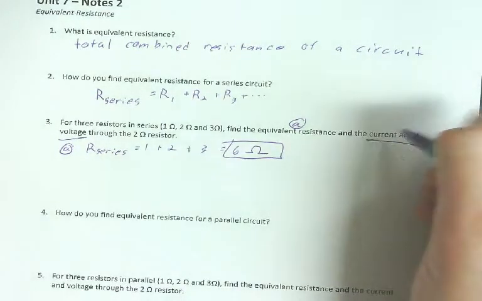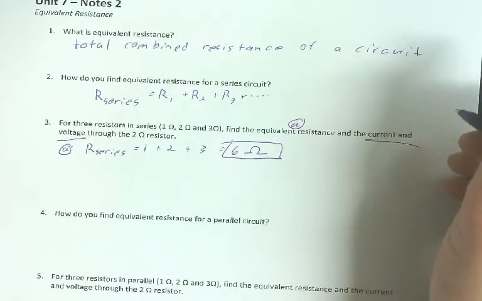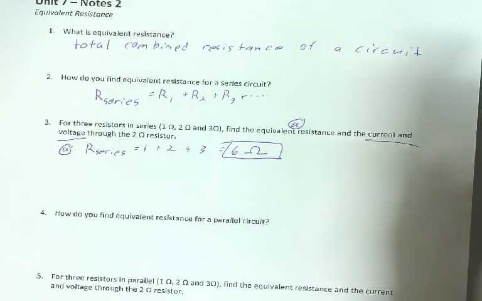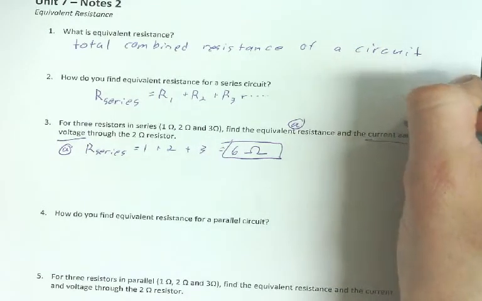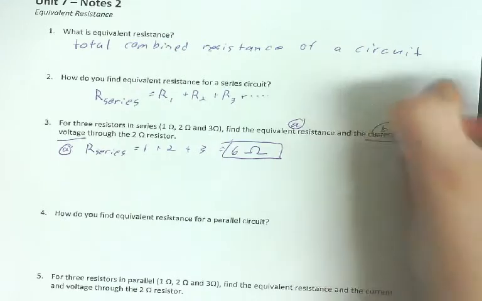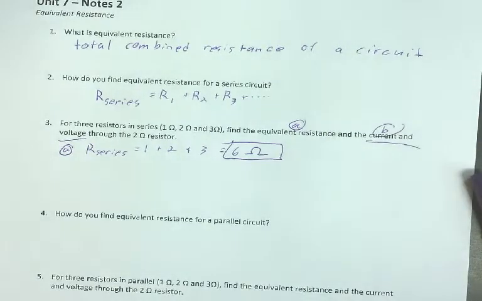But then it wants to know the current and the voltage. I should have been more specific on this one. I'm going to need to make a change to that. No, not that one.